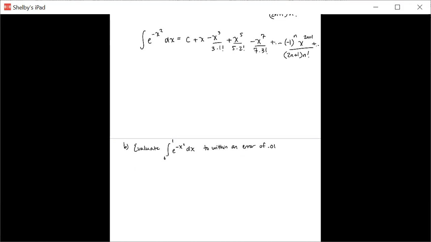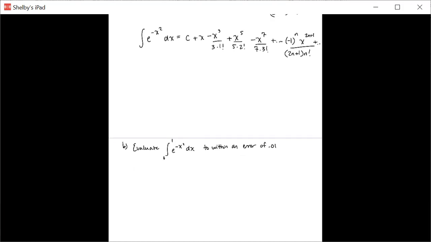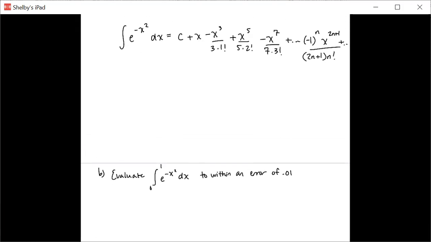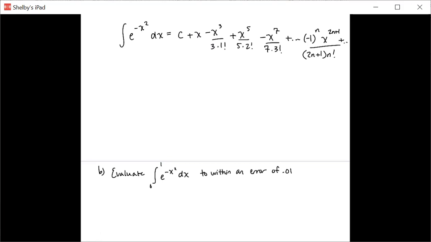Let's see how we could use that to help us compute a definite integral. I have a formula for something I previously couldn't integrate. If I wanted to evaluate this integral that is otherwise impossible, by the way, to within an error of 0.01, I can use this power series to do so. So remember, we have a bound on our error from the Taylor series, right? The remainder theorem.